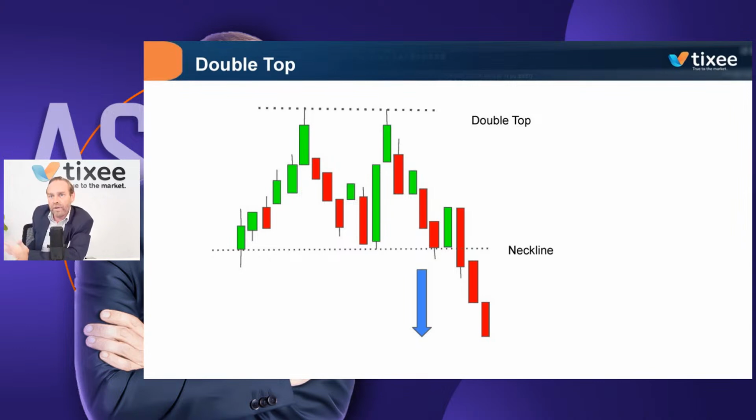Again, the buyers come back into the market and push the asset up higher again to the same level, and it cannot be broken, and it then starts to fall back down. At this point, we can see it's formed what's potentially known as a neckline, as you can see, just there. If it then breaks through that neckline, then what we're seeing is a reversal of that trend.